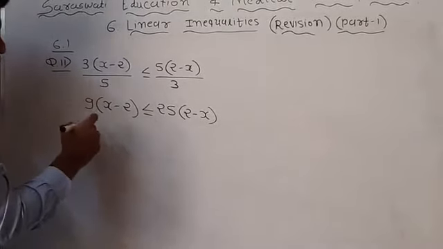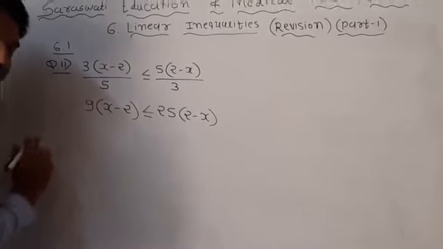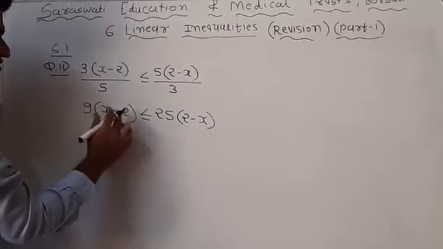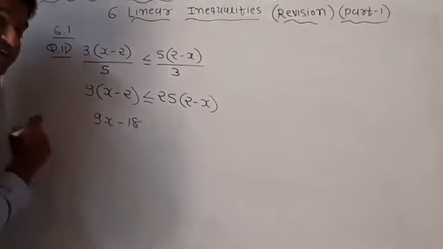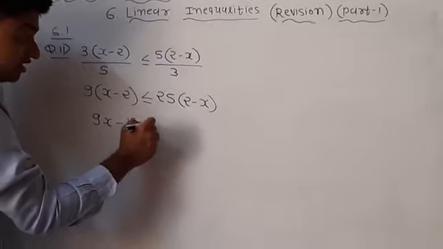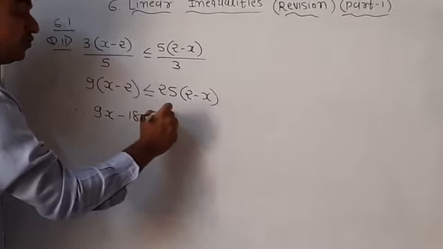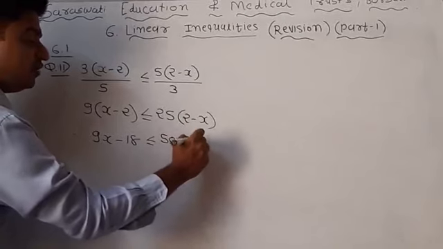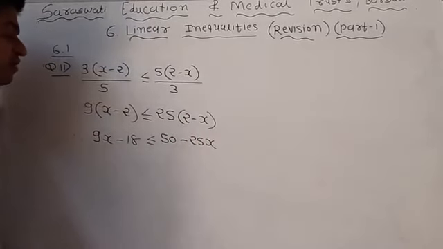Now after opening this bracket, 9 into x means 9x, minus 9 into 2 means 18, less than or equal to 25 into 2 means 50, minus 25 into x means 25x.